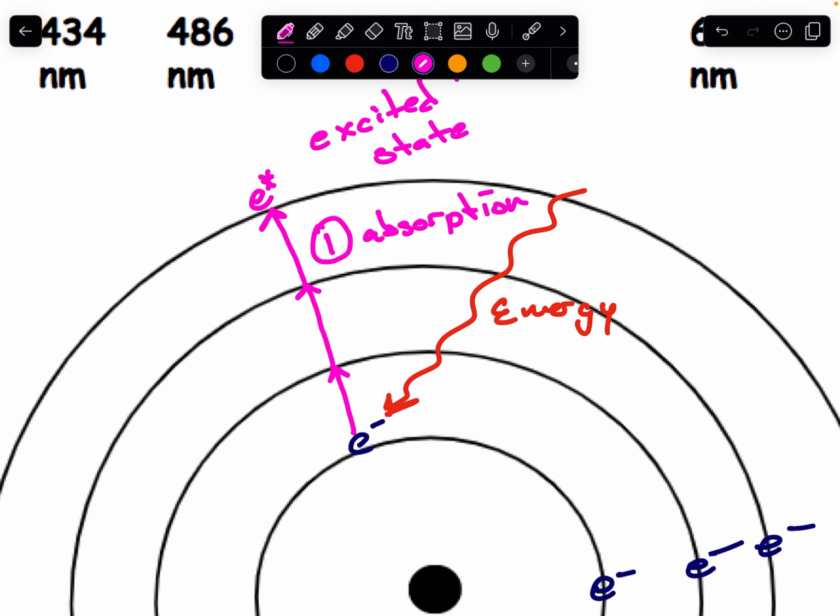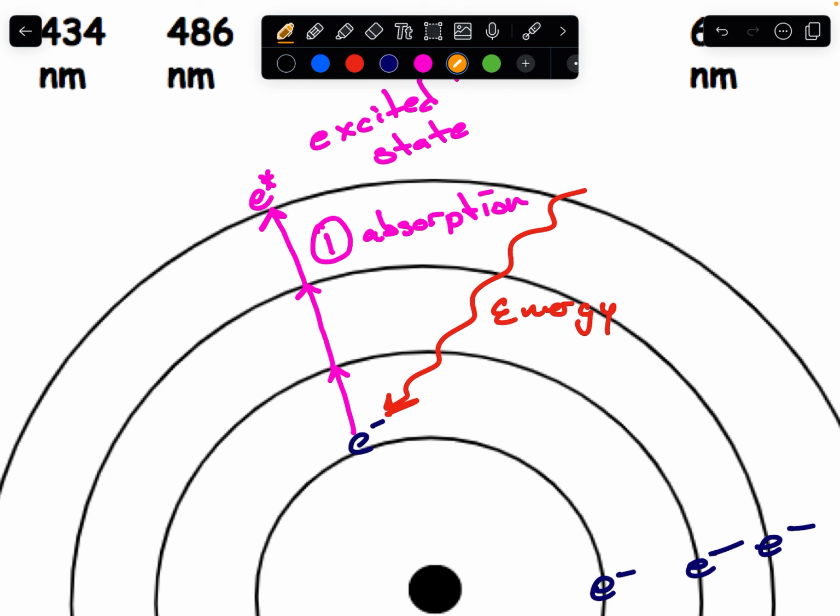Okay, now, just like if you give that kid sugar, 20, 30 minutes later, eventually that kid's going to crash, right? It's going to have that sugar crash. All that energy is going to suddenly disappear. Electrons are the same way, okay? They go up to that excited state, but they can't stay up in that excited state.